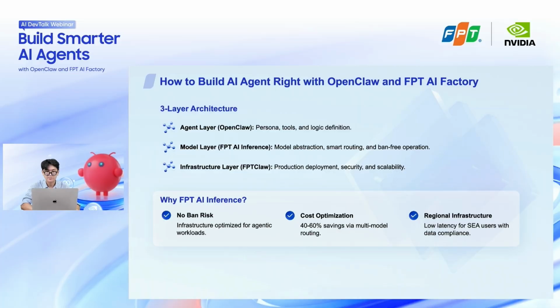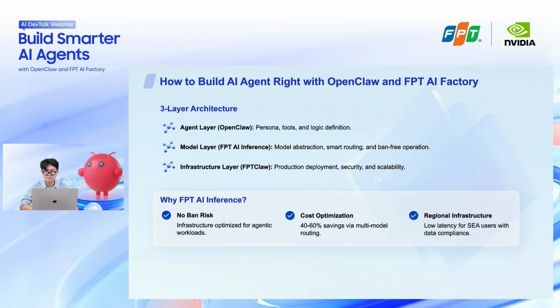Okay, before we start, I want to talk about the three-layer mental model in this slide. Before we jump into the demo, I have 30 seconds on the mental model, so it should make the demo much easier to follow. An AI agent, when you build it right, is not one thing.